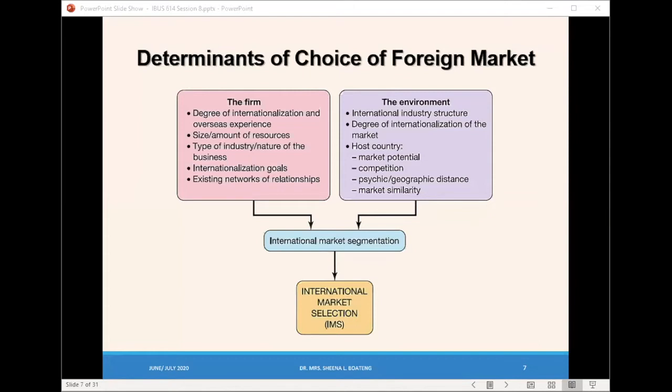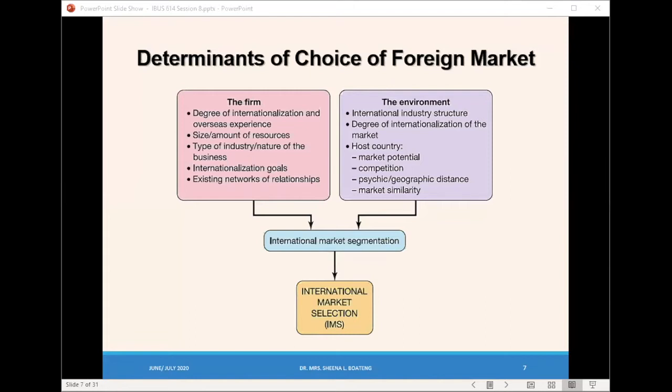If you do not have any prior experience, either directly or indirectly, in dealing with customers in foreign locations, it becomes very tricky for you to just up and say that you are going to sell the products you are currently selling in your domestic market to customers in this foreign market. So experience or degree of experience in internationalization and overseas marketing activity is very important when it comes to a firm choosing a foreign market to operate in.